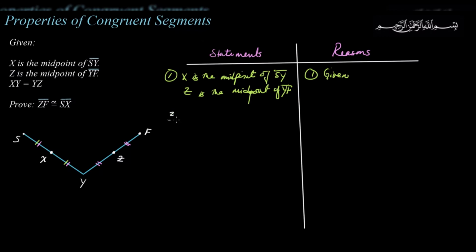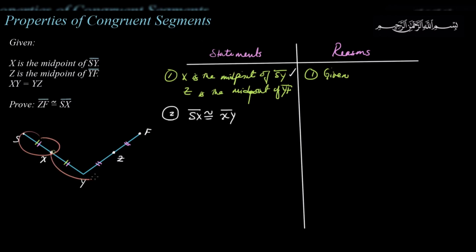Okay, fine. So I've written this, and for using the first bit of information, X being the midpoint of SY, I can say this, can't I? So I can say SX is congruent to XY. Now notice what I wrote down is SX is congruent to XY.